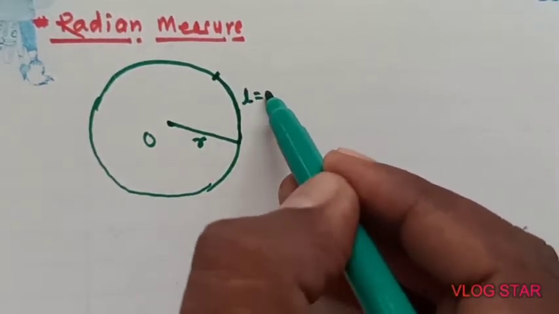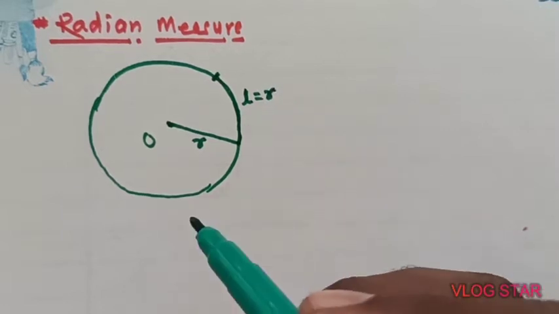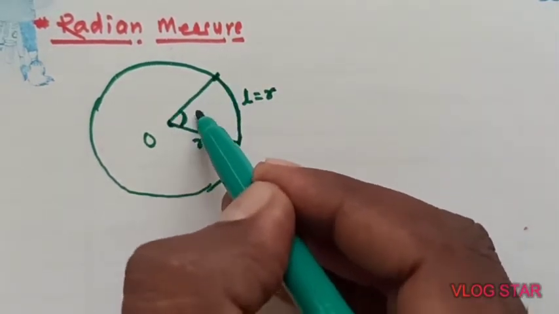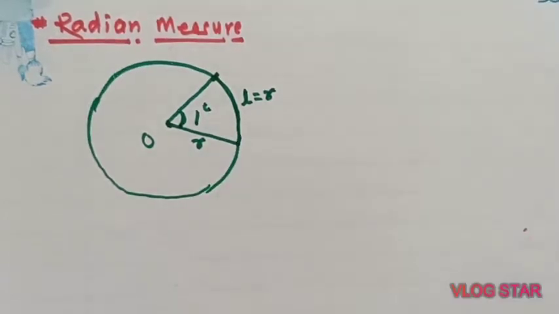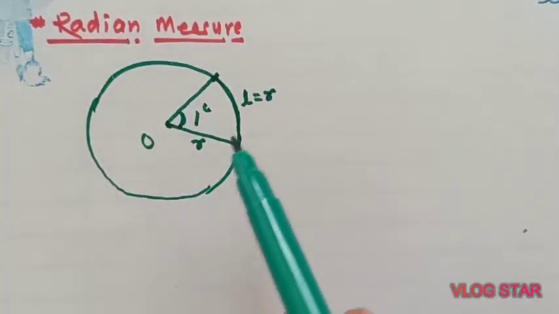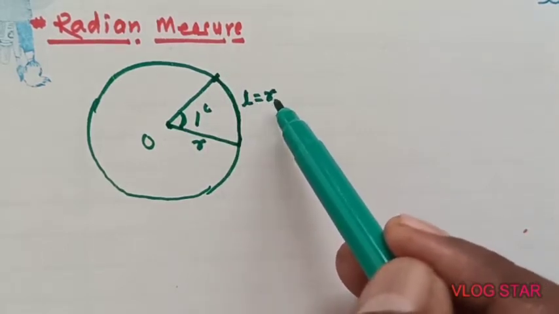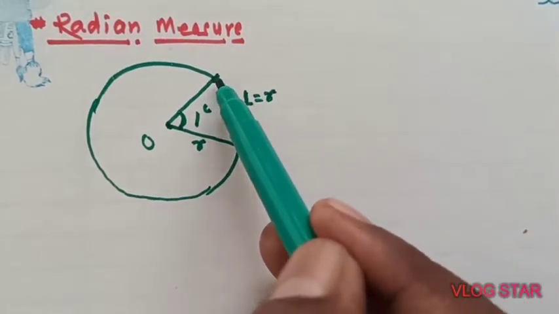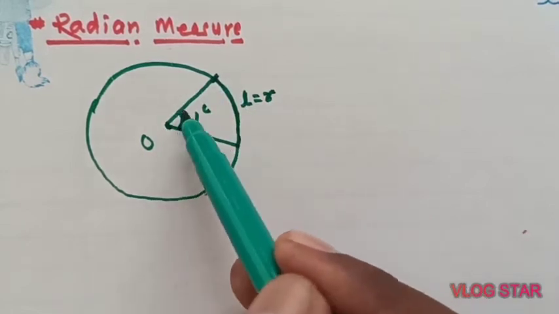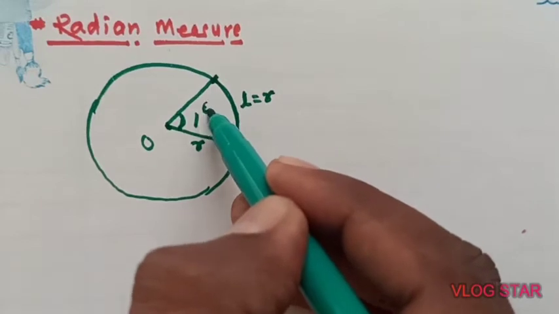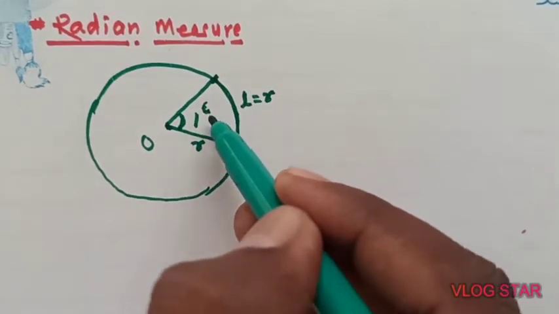If that length of arc is the same as the radius of the circle, then whatever angle is formed here is called 1 radian. So once again I repeat, if you choose an arc equal to the radius of the circle, then the angle subtended by that arc at the center becomes 1 radian. This small c is a notation for radian.